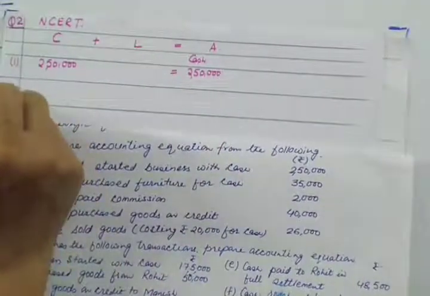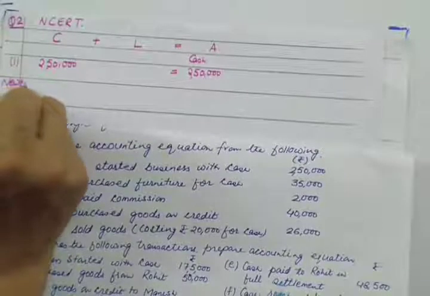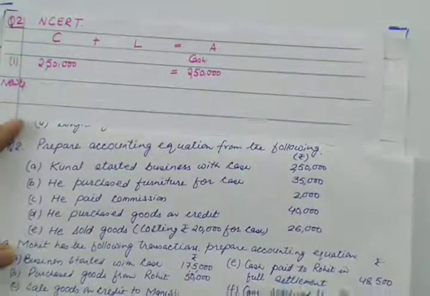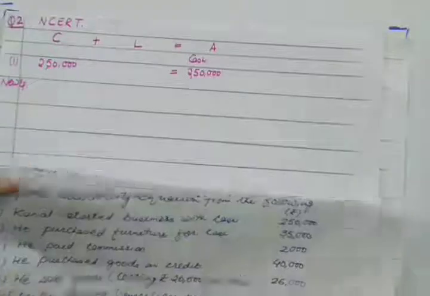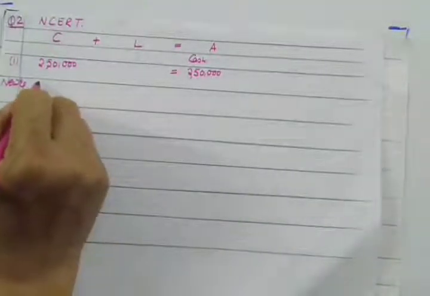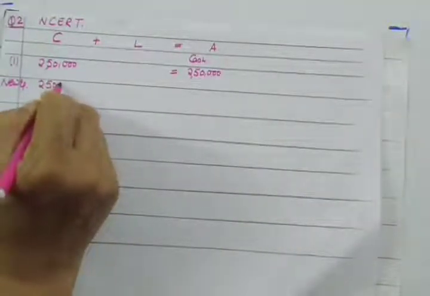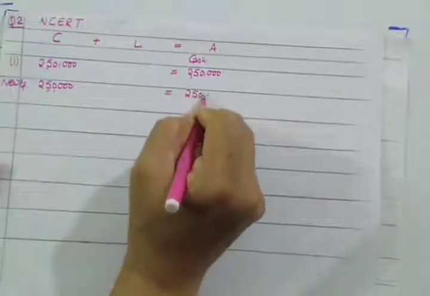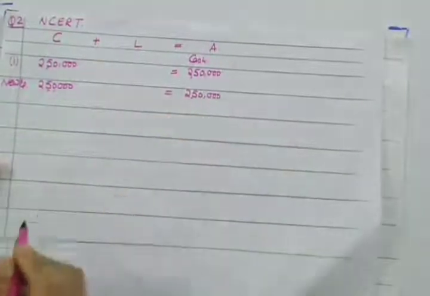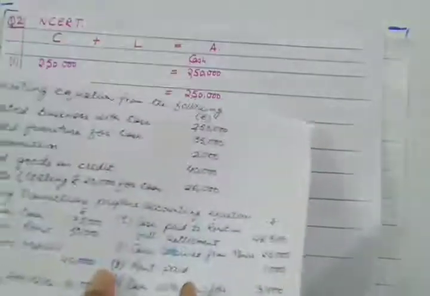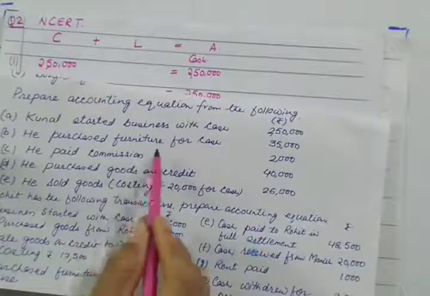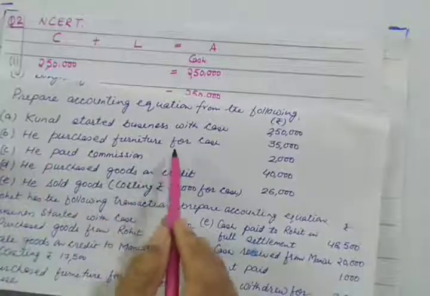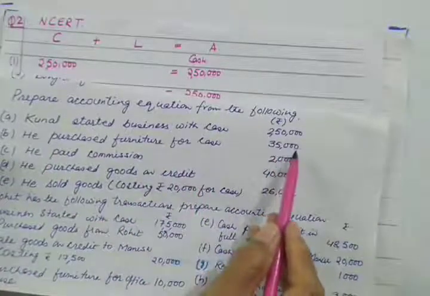So when you write the new equation, I hope you will be able to see it. The new equation is 2,50,000 here and 2,50,000 here. Now next, second: he purchased furniture for cash rupees 35,000.